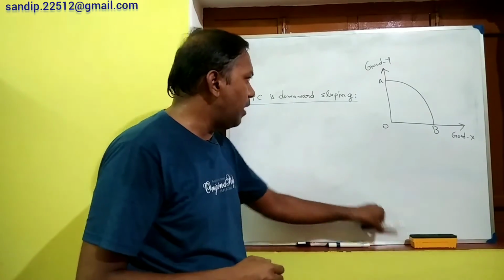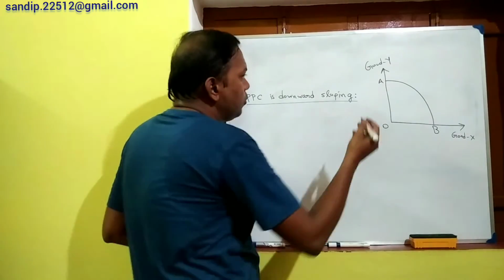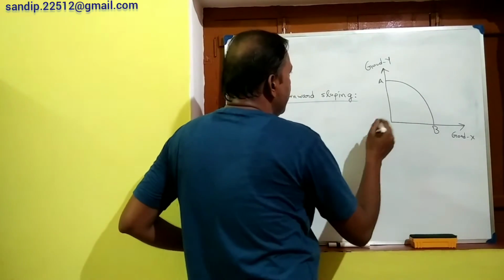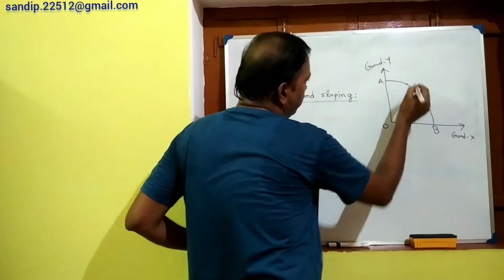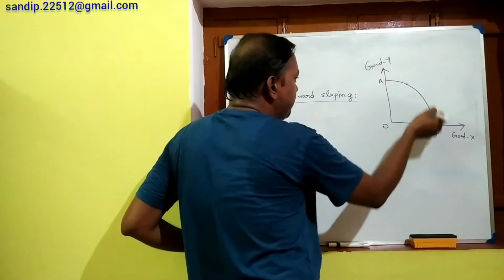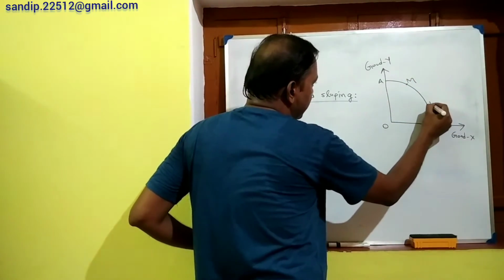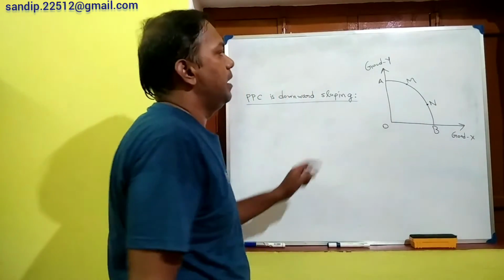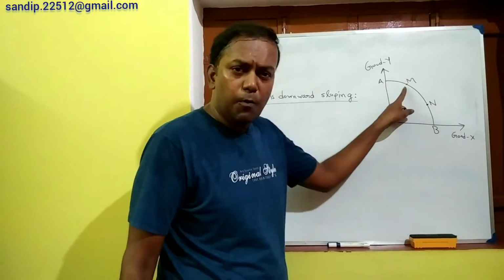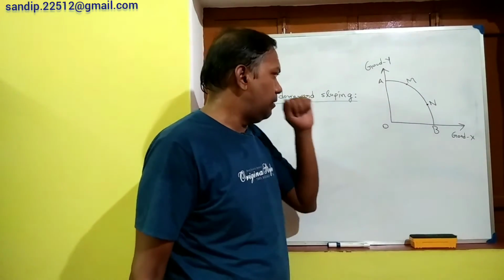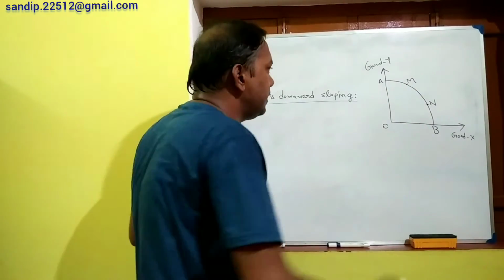So for that, let's see what we are doing. Suppose a producer moves along the PPC from point M to point N. Suppose the producer is moving from commodity bundle M to commodity bundle N. Then what is happening?